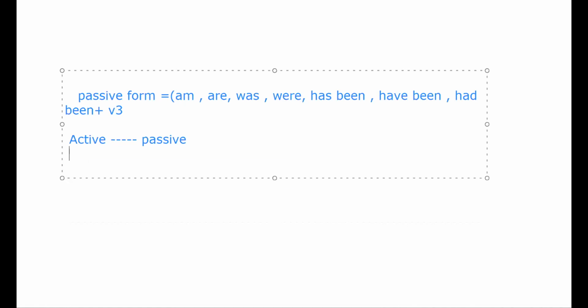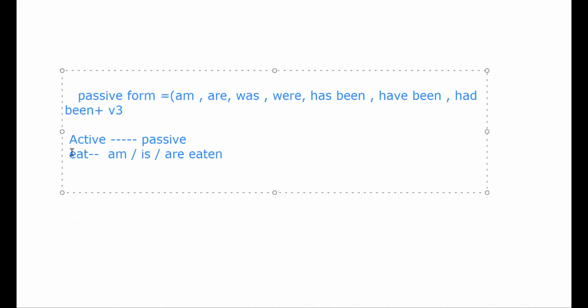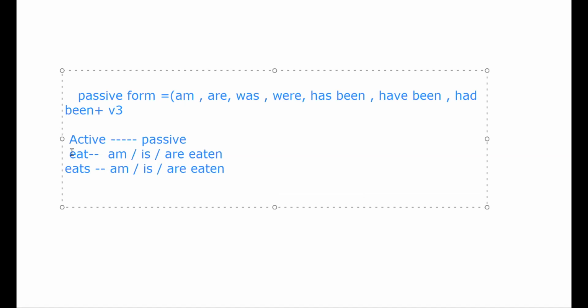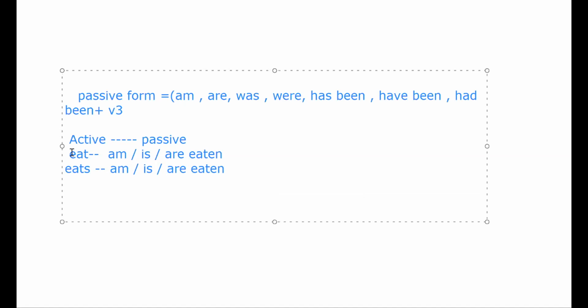Now look at this. So let me take one. Okay, let me go with eat. Same. I'm repeating. Am, is, are, eaten. V3 form. Next. Even if it is this, even this is present form. Same. Am, is, are, V3 form. First learn how to change, then I'll talk about this in detail later in the sentences. Next. If it is V2 form, let me put here V1 or V1 plus S form.